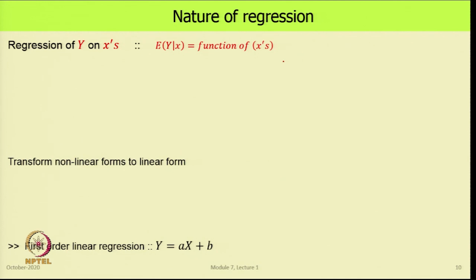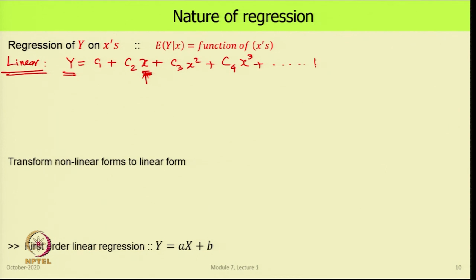We will first of course restrict ourselves to a linear regression, and linear means that y is some constant plus C2 times x plus C3 times x square plus C4 times x cube and so on. This is a linear regression, and it is a linear regression of one independent variable.